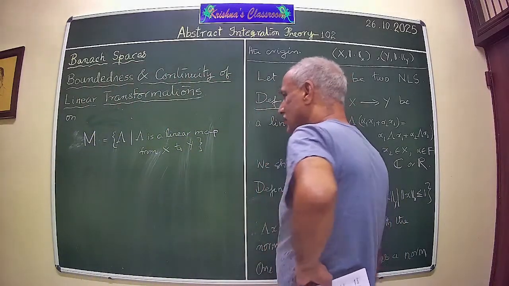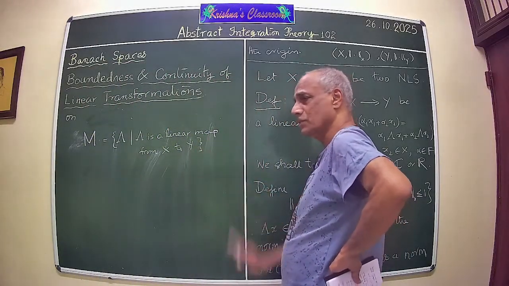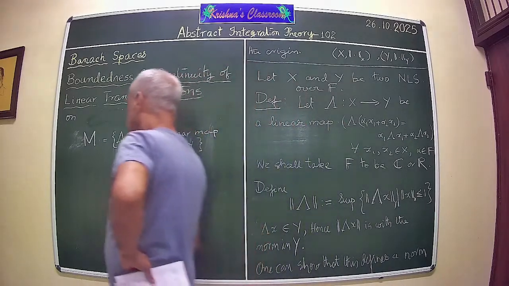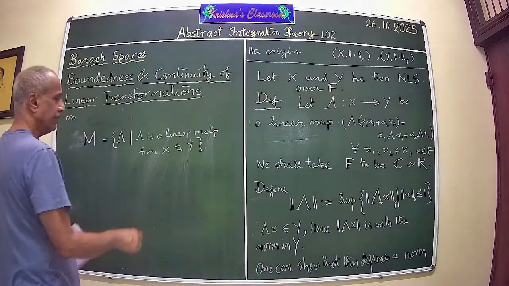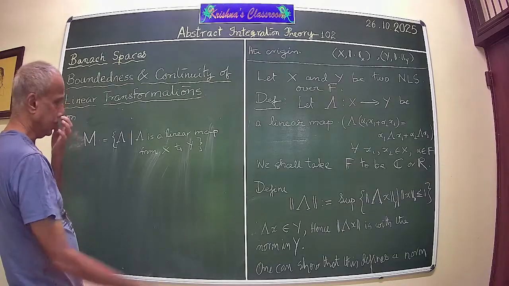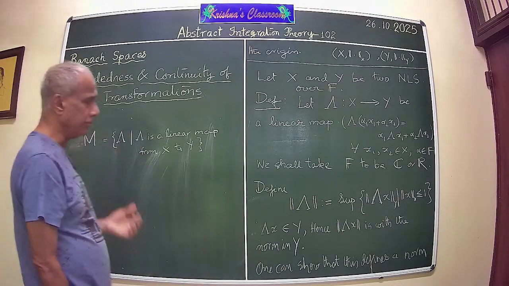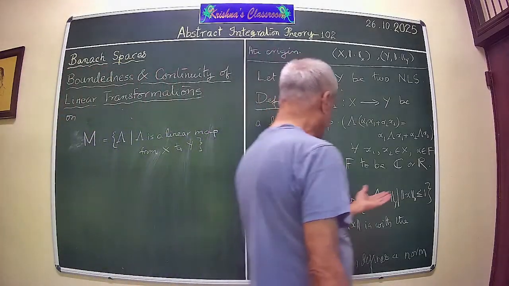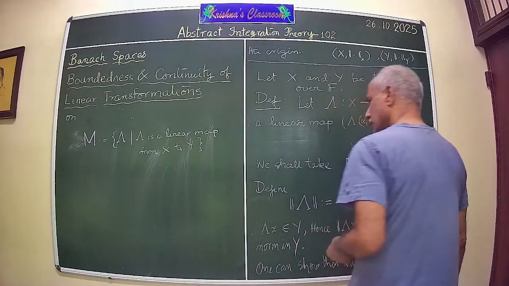So M consists of all linear maps from X to Y. What we have defined is the norm for that. If the supremum is finite, then you say it's a bounded transformation.